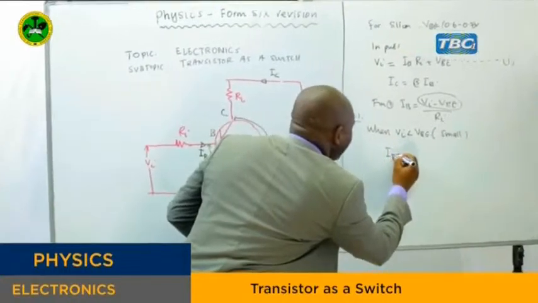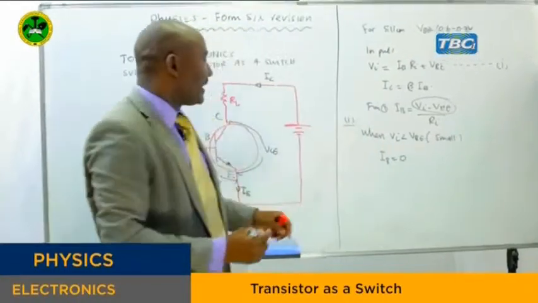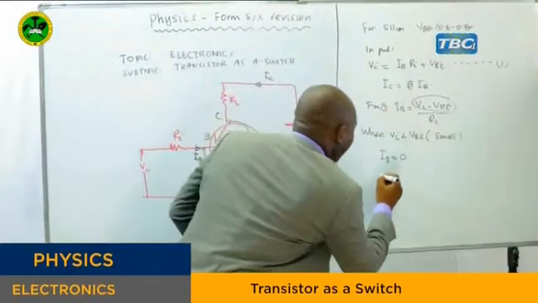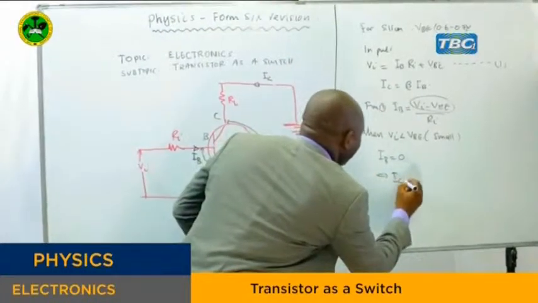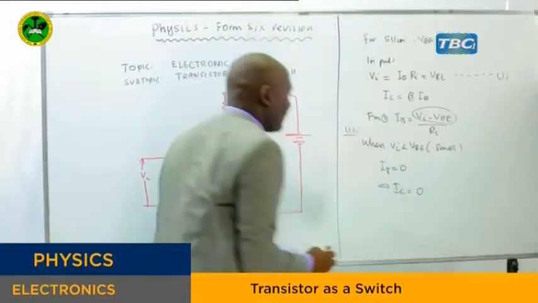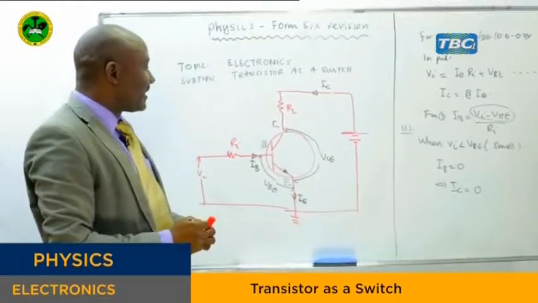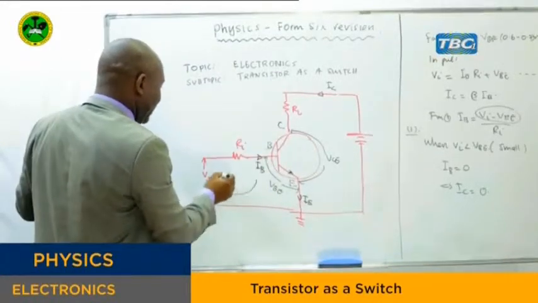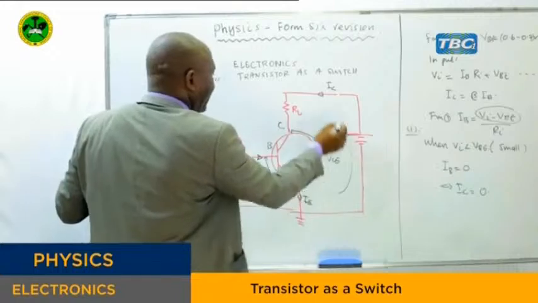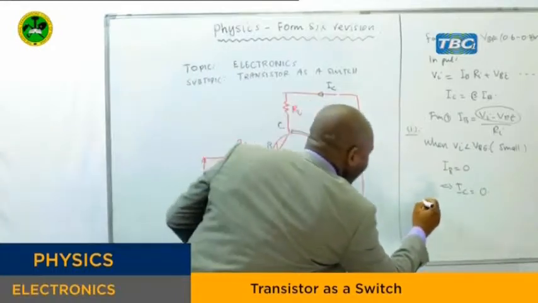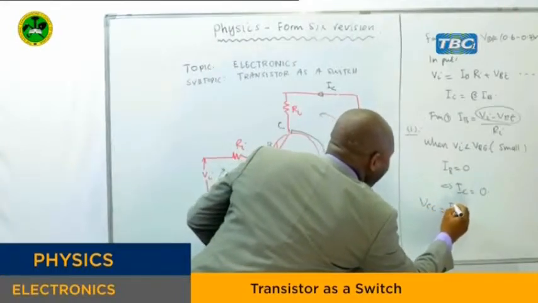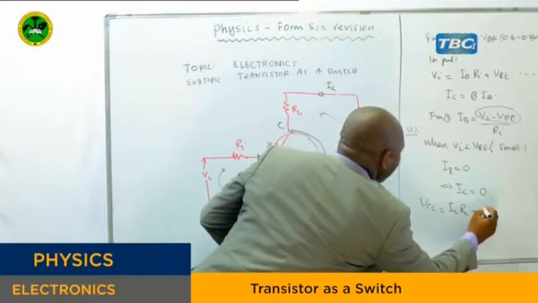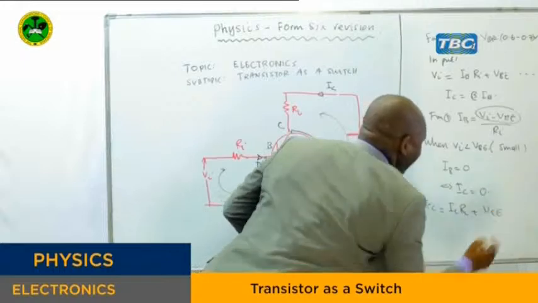The base current equals 0. And if this is 0, we know automatically from this formula the collector current is also 0. If you consider the output circuit, we have VCC = IC RL + VCE.